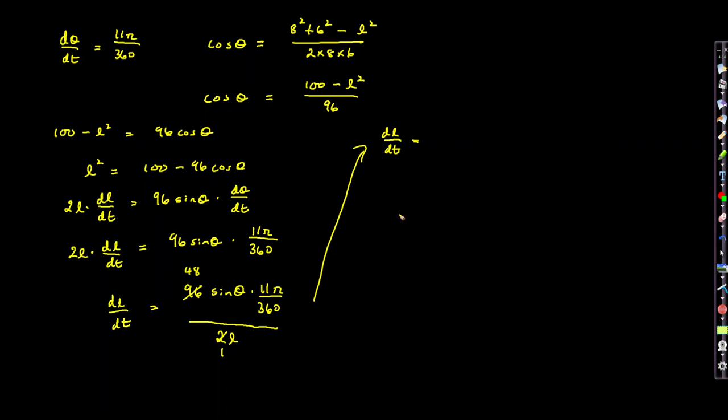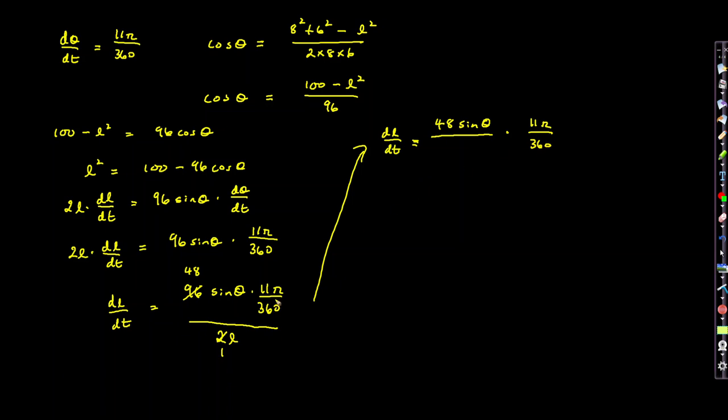What's the tidiest way of writing this? So 48 sine theta, let's put that over L, then times it by 11 pi over 360.